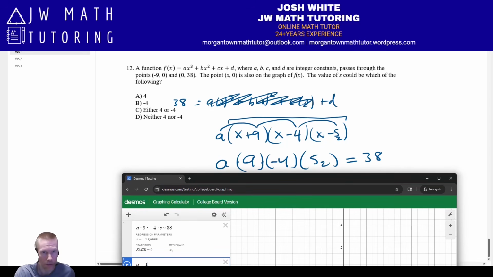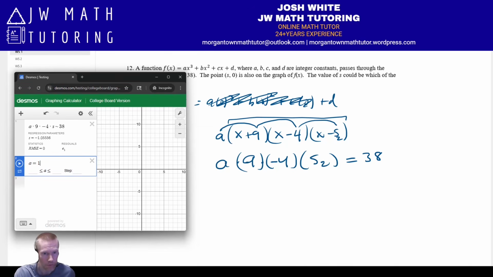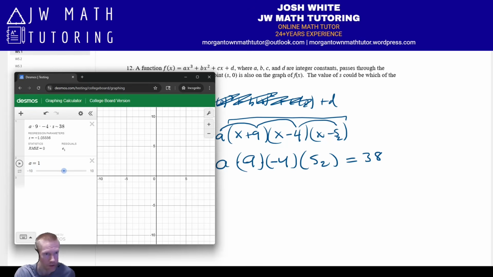Maybe I can slide this over and move it to the side just so we can see more of this. And if I set step to 1 and move this, notice it doesn't matter what integer value I set a equal to, even going up to 20 here.